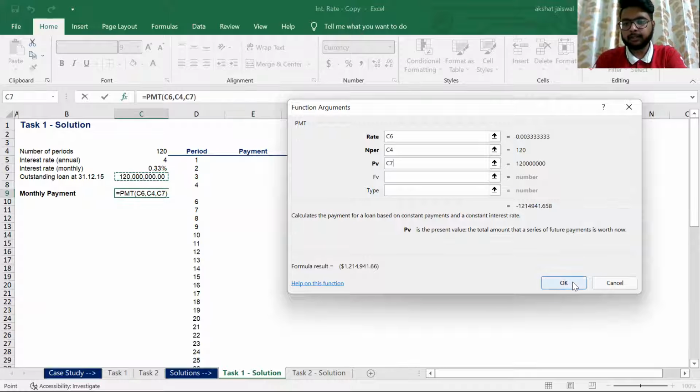So you can see the cell reference for rate is C6, which is the monthly interest rate 0.33, and nper, the number of periods, is C4, that is 120, and present value, which is in C7, also called the outstanding loan amount, which is 120 million. And then just click OK.